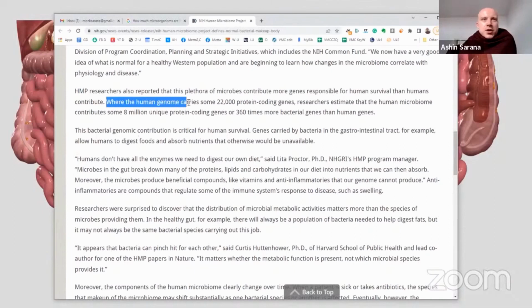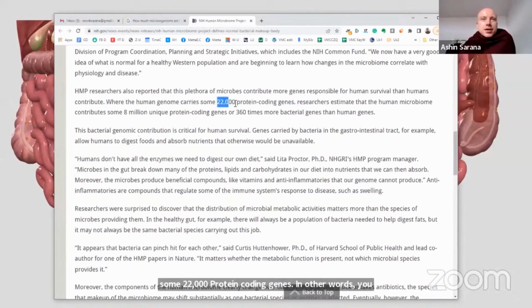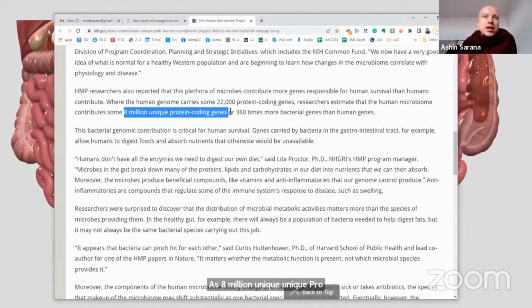Where the human genome carries some 22,000 protein coding genes. In other words, your genes are made up of 22,000 proteins. Researchers believe that the human microbiome, that means the microbes, the microorganisms, adds 8 million unique protein coding genes.